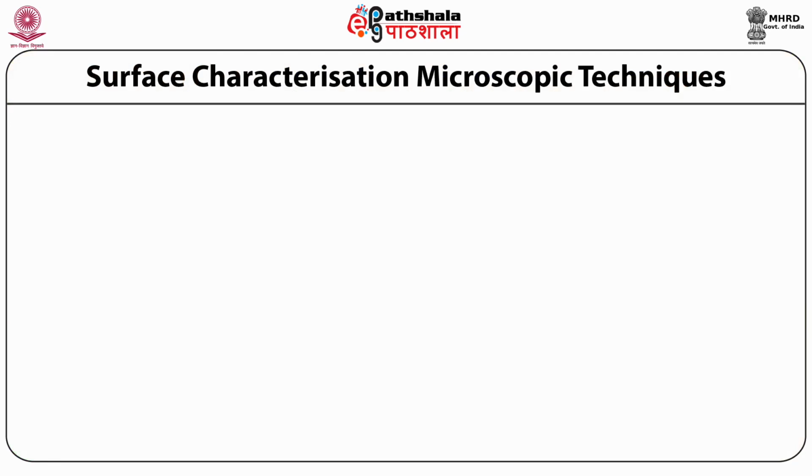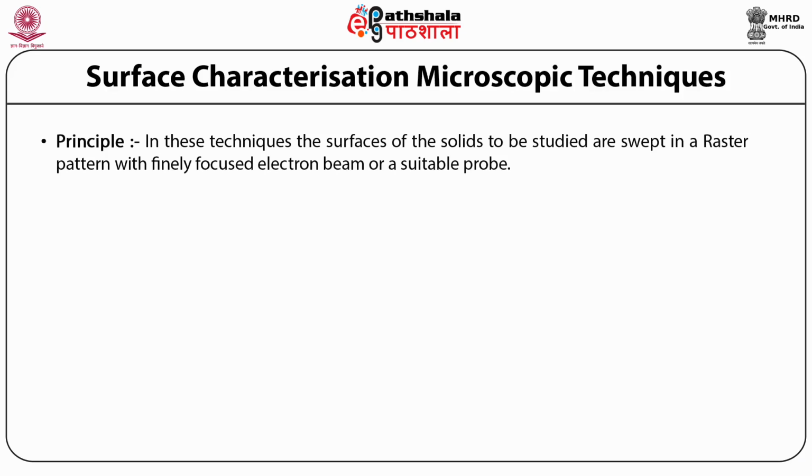Surface characterization microscopic techniques include STM. Here, the principles: in these techniques, the surfaces of the solids to be studied are swept in a raster pattern with a finely focused electron beam or a stable probe.